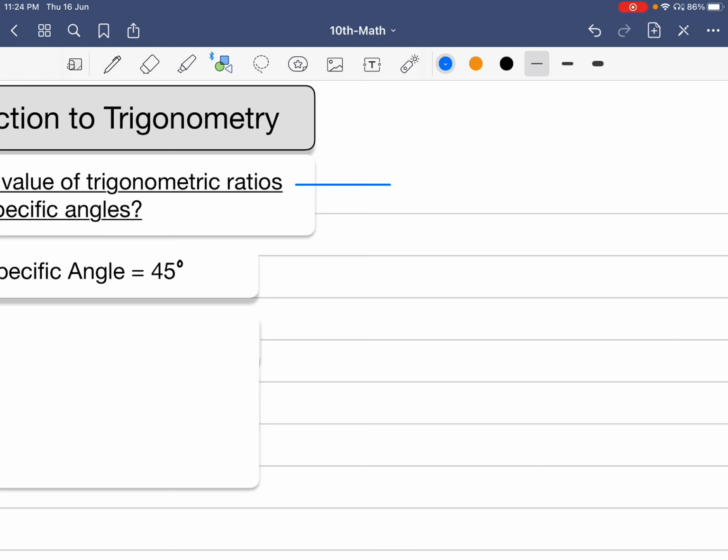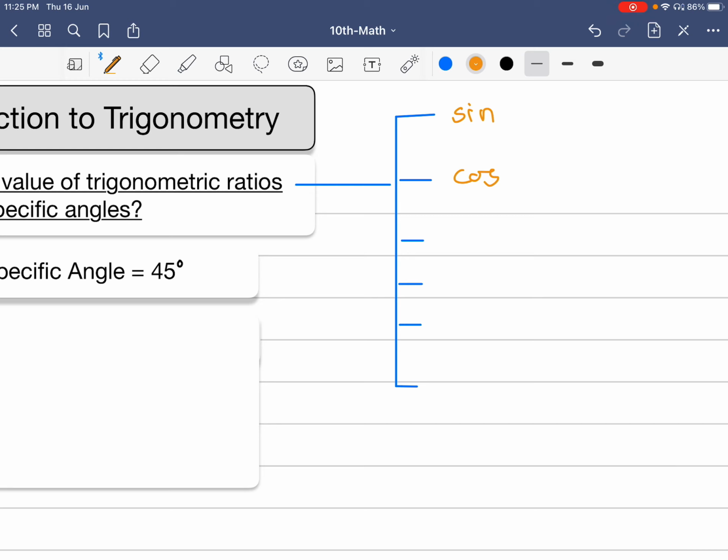First of all, we have these 6 trigonometric ratios: 1, 2, 3, 4, 5 and 6. There are 2 trigonometric ratios which are foundational, and these are sine and cos. Sine and cos are our foundational basic trigonometric ratios.